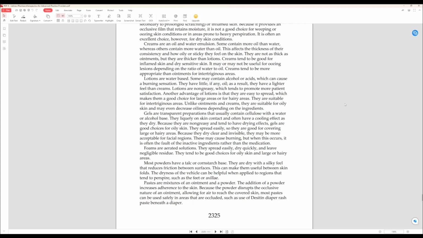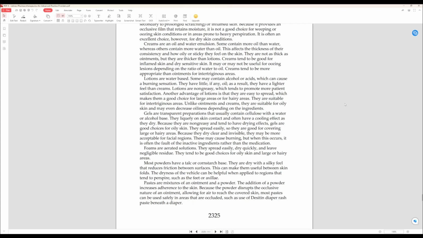They may or may not be useful for oozing lesions, depending on the ratio of water to oil. Creams tend to be more appropriate than ointments for intertriginous areas.